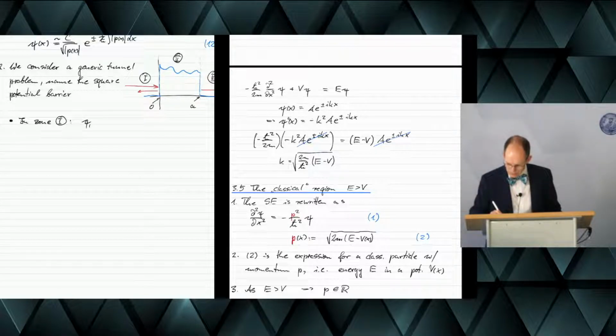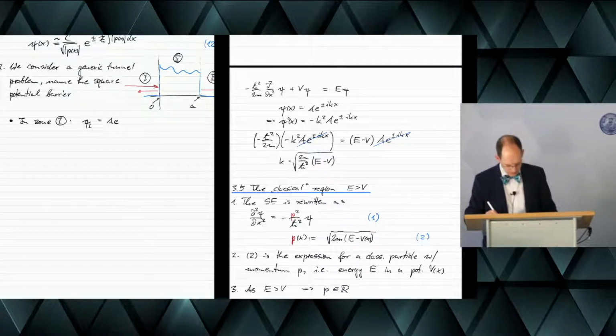Therefore, the wave function in this zone 1 is given by, of course, the linear combination of both waves in opposite directions. So e to the plus ikx plus b e to the minus ikx.